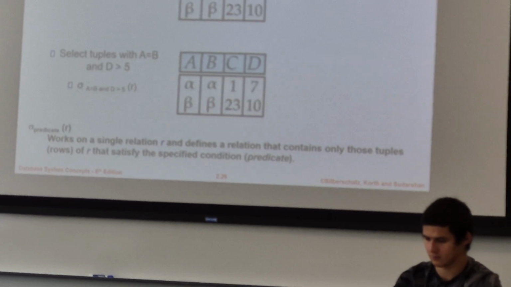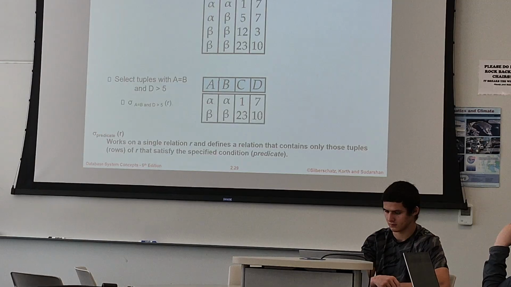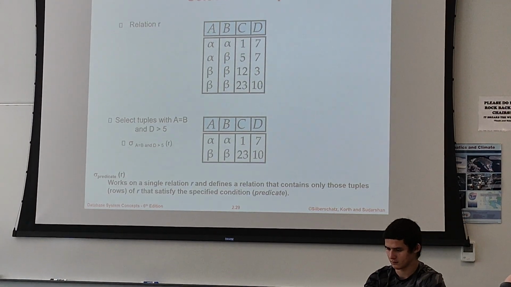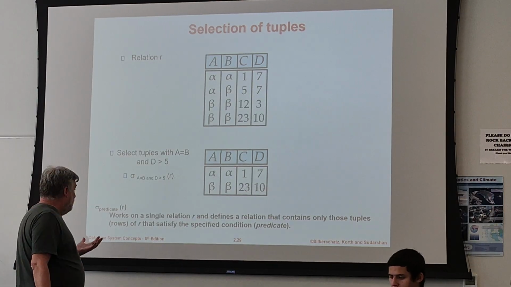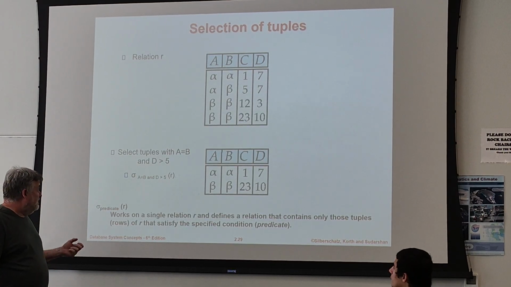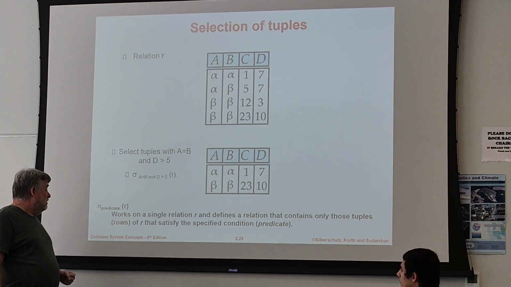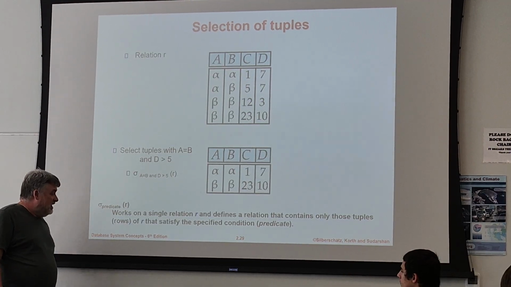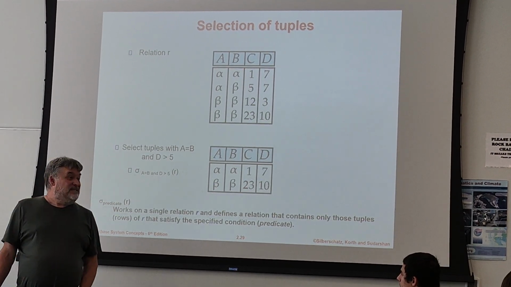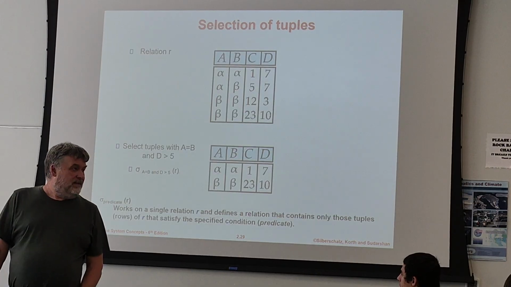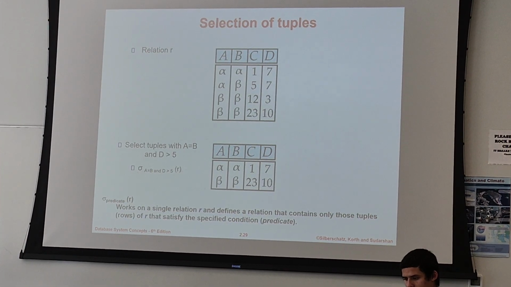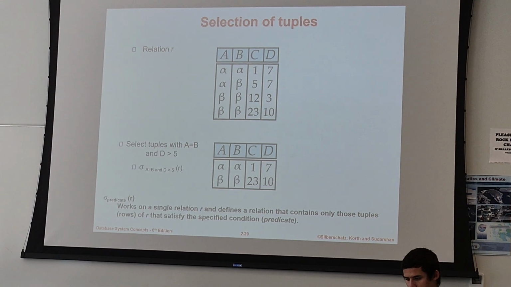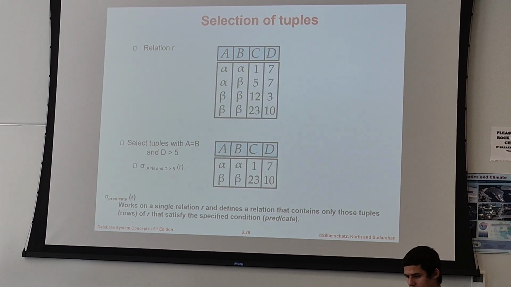But the way this operation is generally represented, or the parameters that this operation needs, is it's going to run on a table, and it's going to have a list of conditions that it needs to satisfy. And they define the rows that get retrieved or selected from that table.